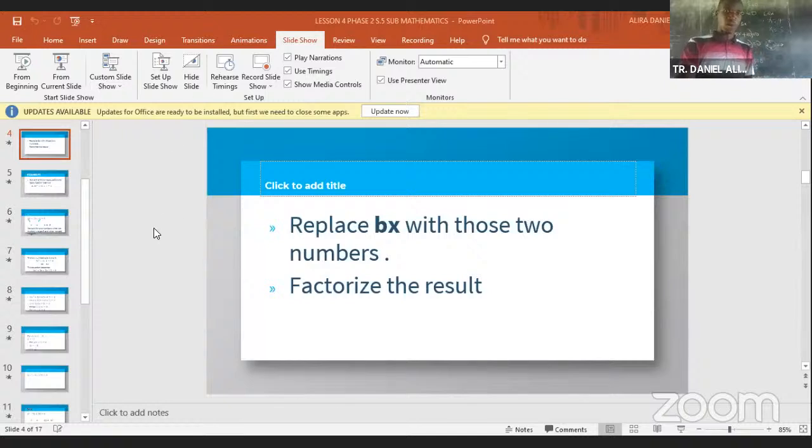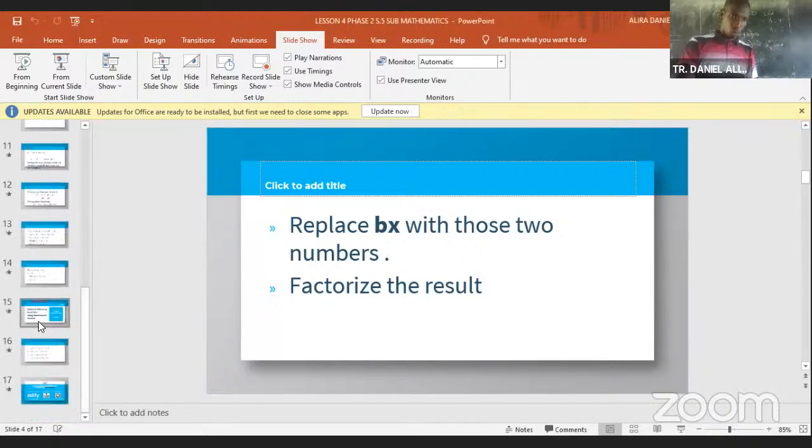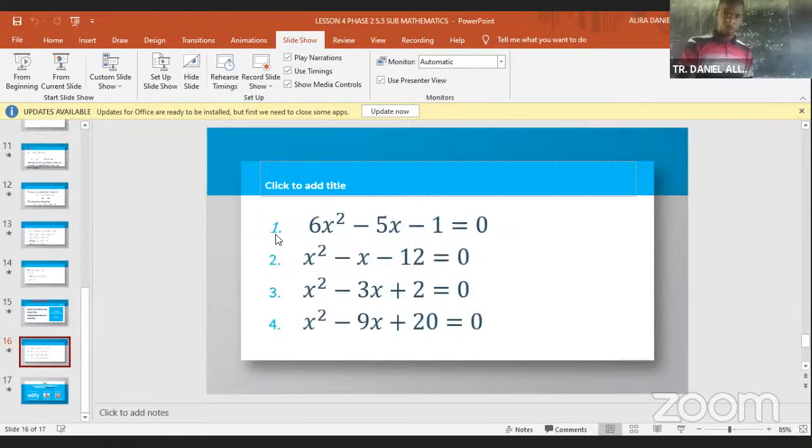So that is how we can solve equations using the factorization method. I'm going to solve one more, then I give somebody to try.